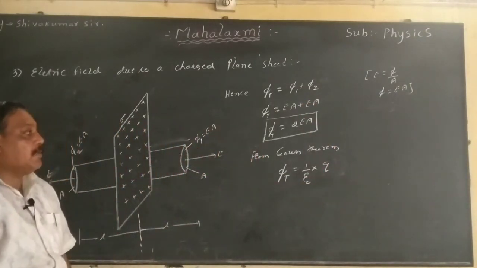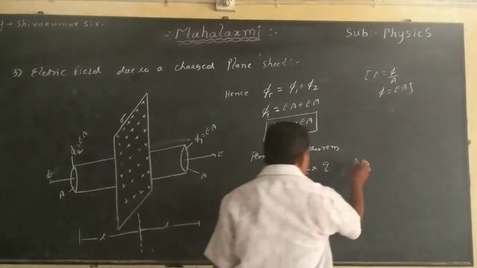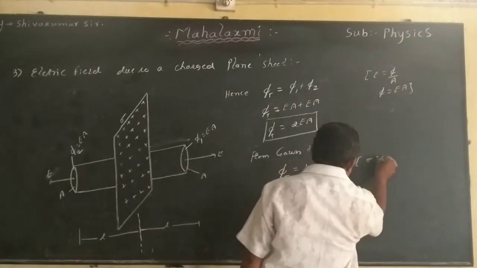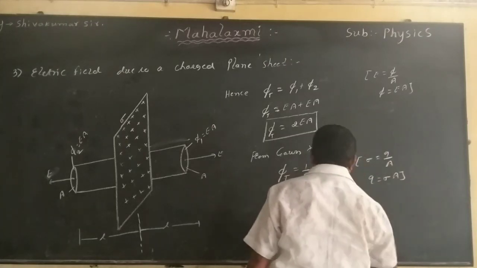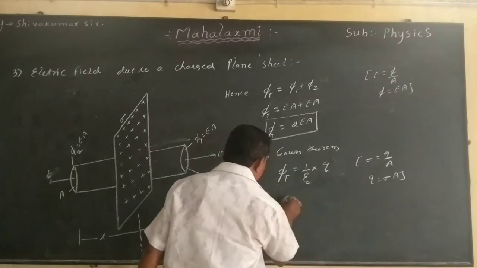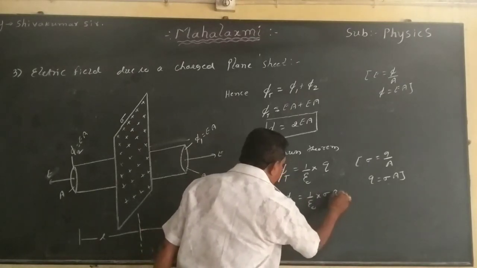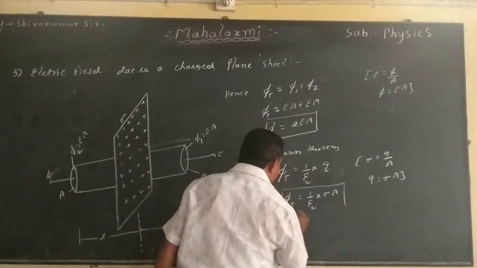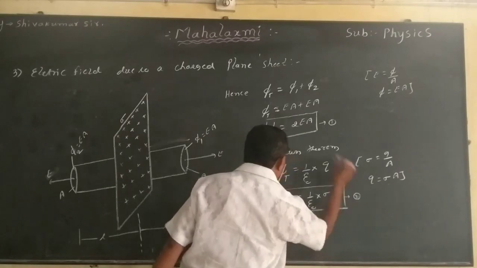The charges are available on the surface of the plane sheet. So sigma equals charge per unit area, then Q equals sigma into A. Then I write here 1 by epsilon naught times sigma into A. Shall I call equation number? This is equation number 1 and this is equation number 2.